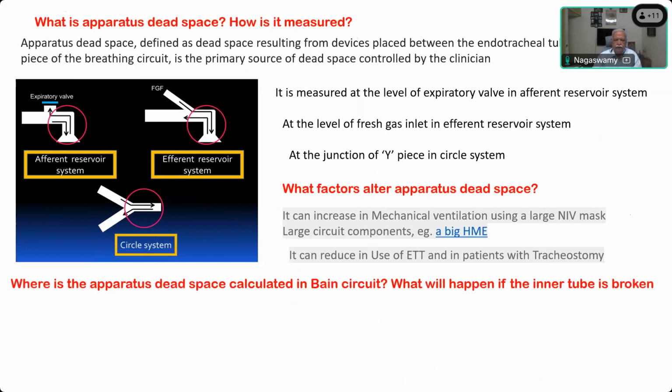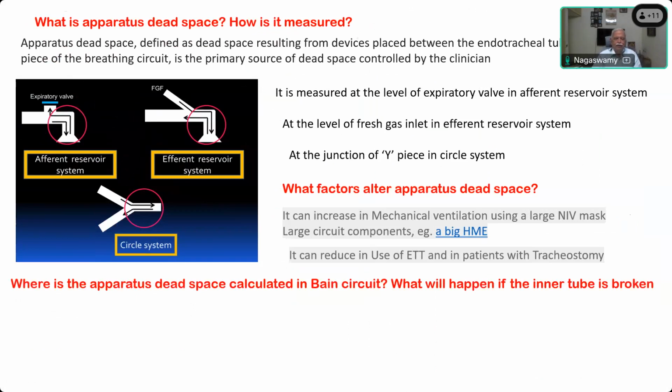So where is the apparatus dead space calculated in the Bain circuit? What will happen if the inner tube is broken? Bain, is it an afferent system or an efferent system? Efferent system.